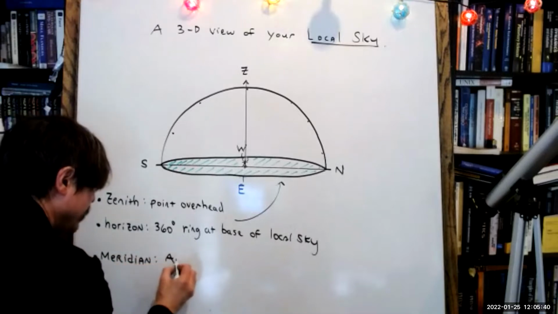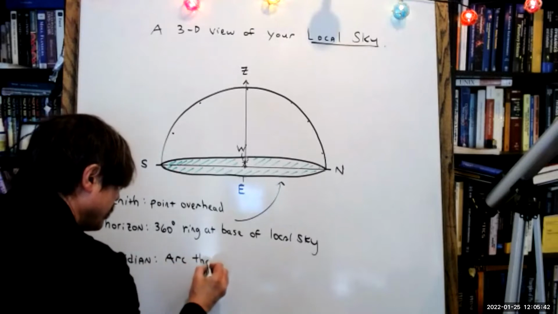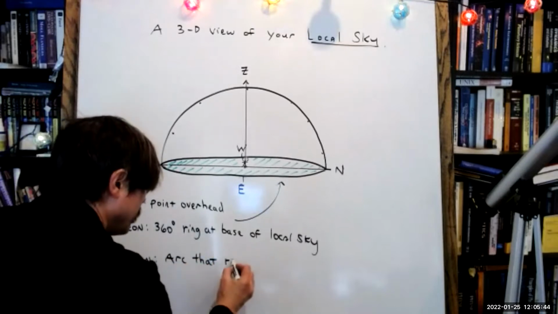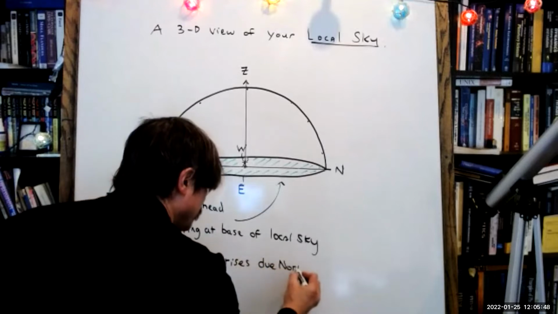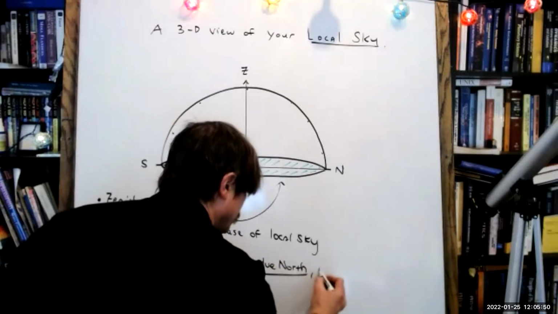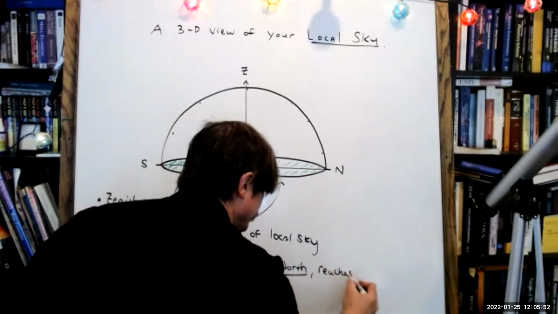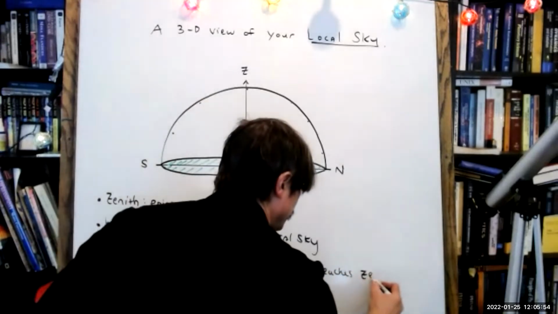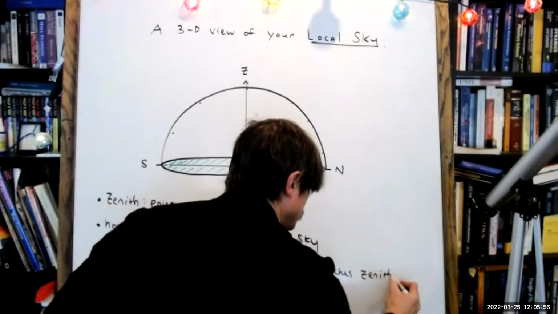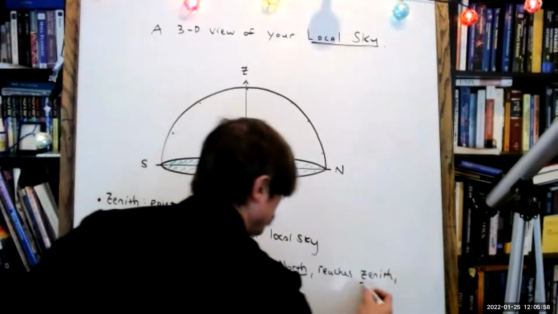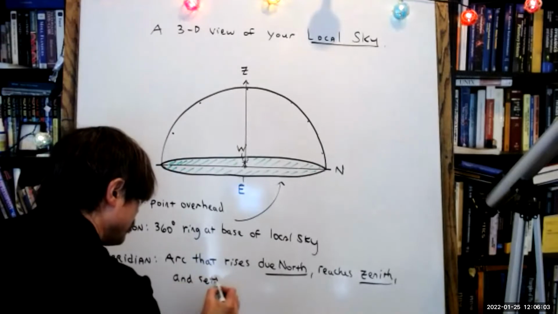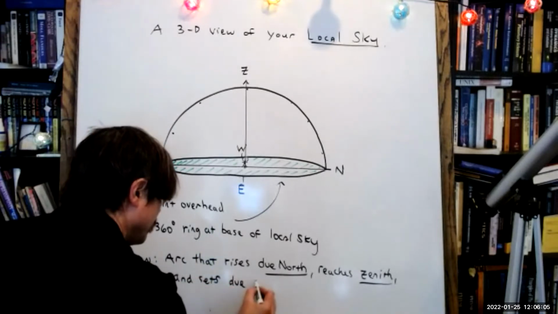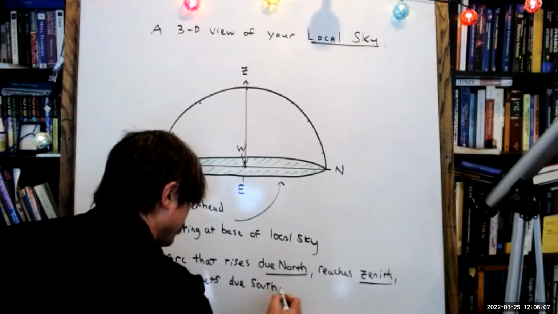The meridian is an arc that rises due north, reaches through the zenith, and sets due south.